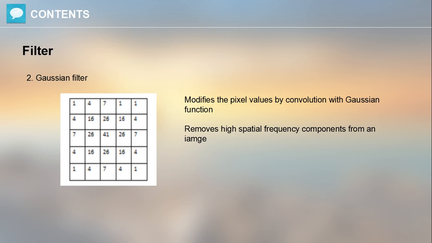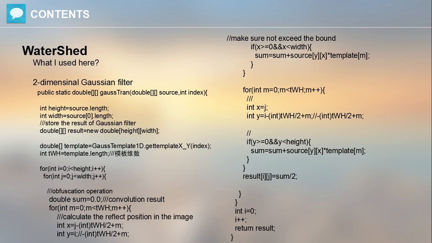And after we choose the Gaussian filter, it is time for us to take a look at the watershed segment of our image. So let's go. Though we already decided to use a Gaussian filter, actually I used a two-dimensional Gaussian filter here because the image is two-dimensional.